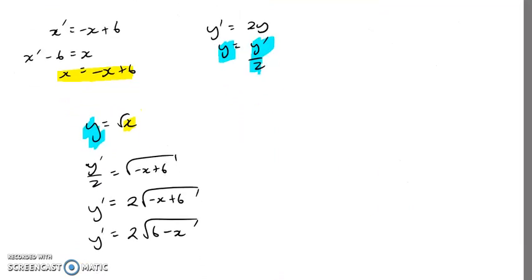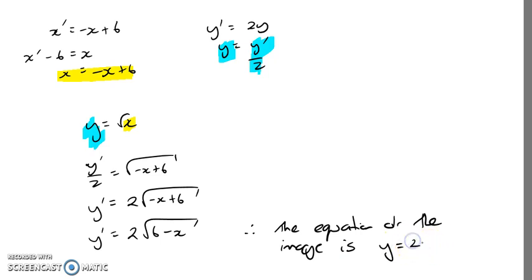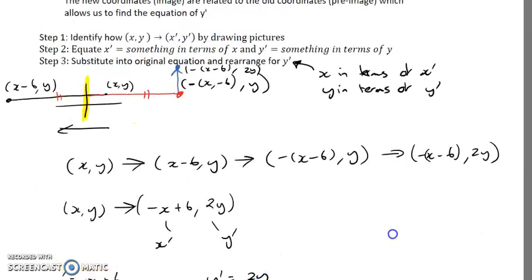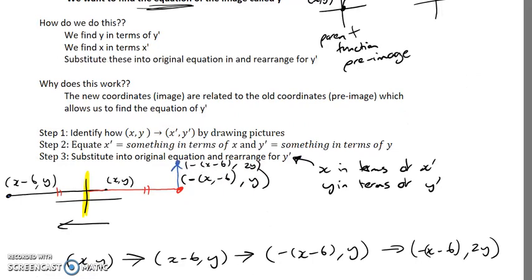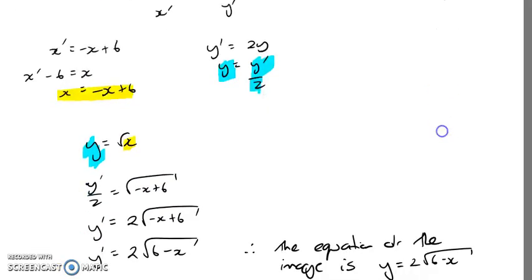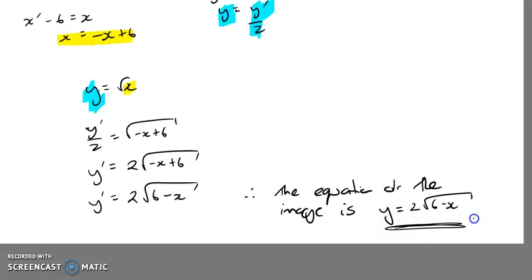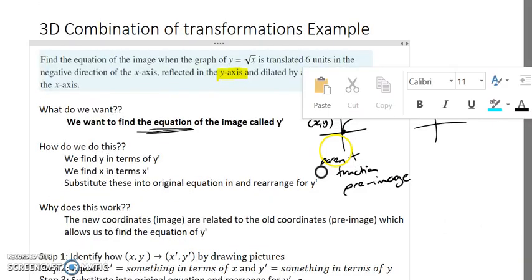Substitute in, rearrange, and you can say the equation of the image is, you can drop the dashes now because they're just to tell the difference between the new coordinate system and old coordinate system. So you can just drop the dashes after that. All right, and that's it.